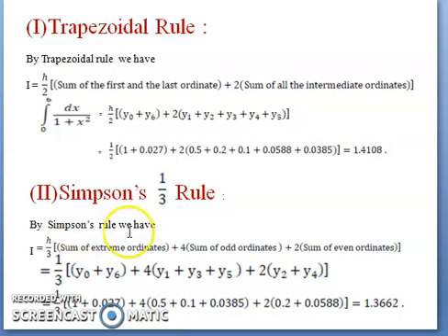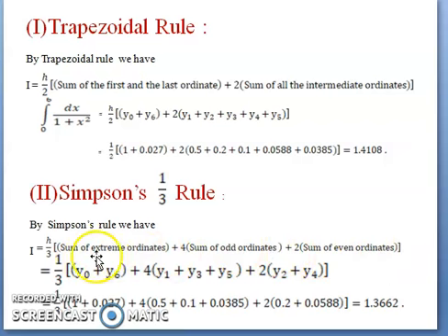Now the second rule is Simpson's 1 by 3rd rule. By Simpson's 1 by 3rd rule, the formula is h by 3 times the sum of extreme ordinates plus 4 times the sum of odd ordinates plus 2 times the sum of even ordinates.